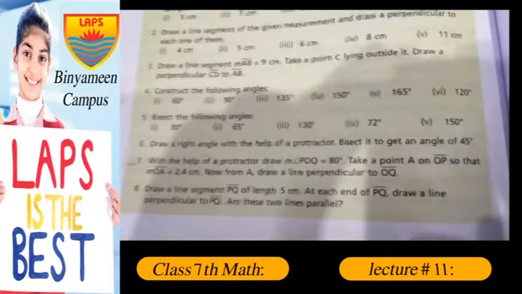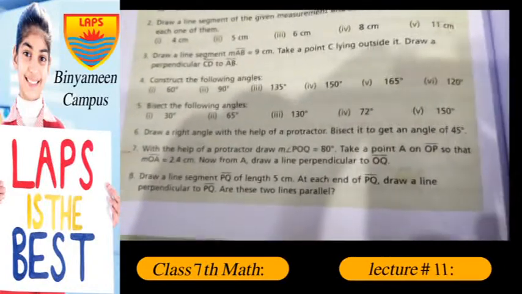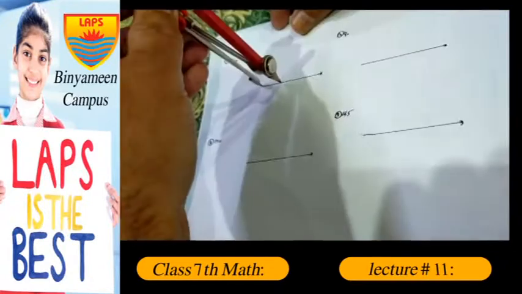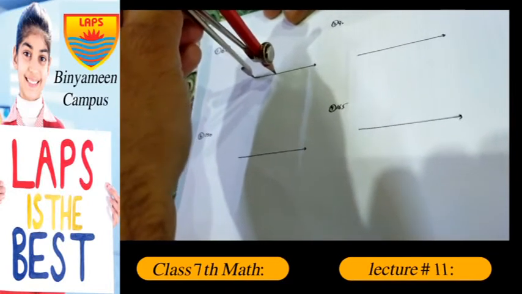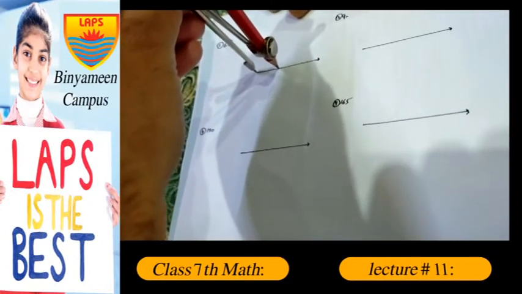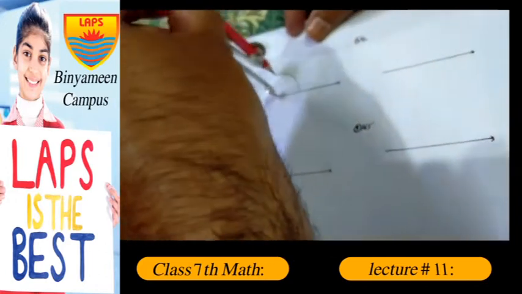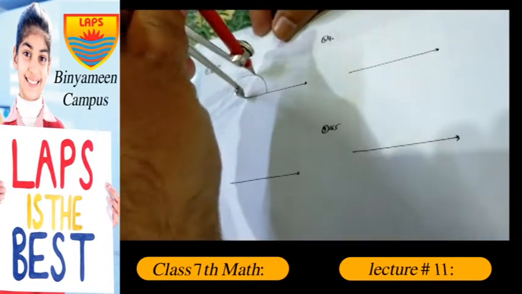Today I told you how to draw these angles. I tell the method of these angles now. First I draw 60 degree. Take any ray of any length, then take a radius of any length.